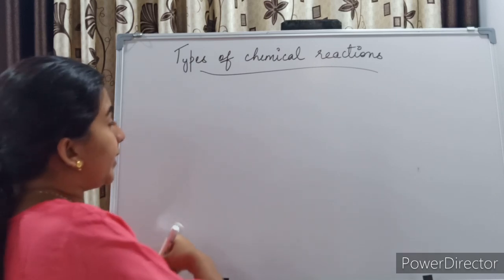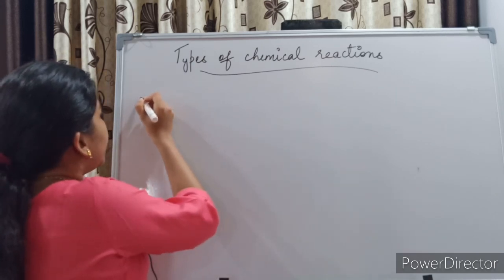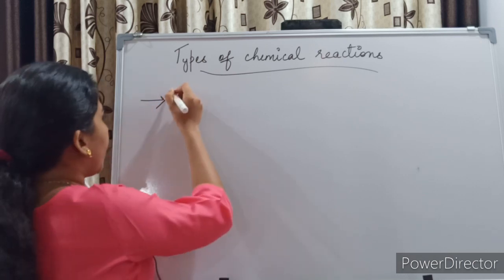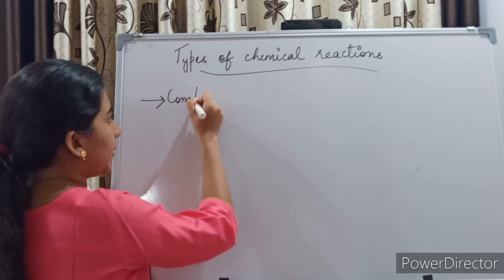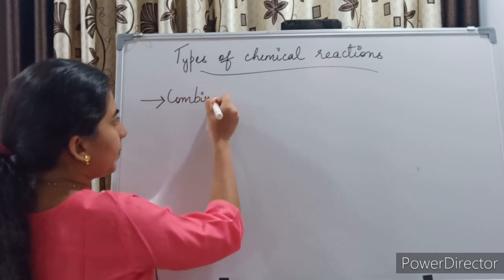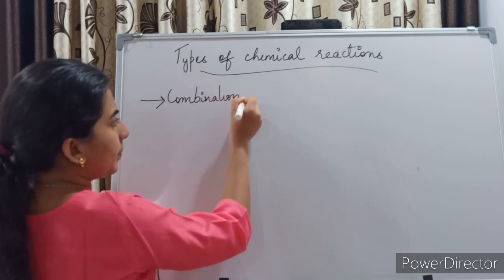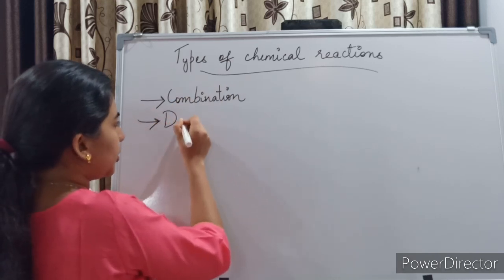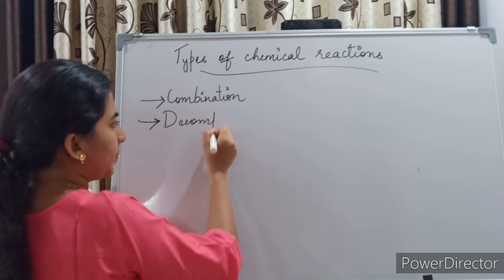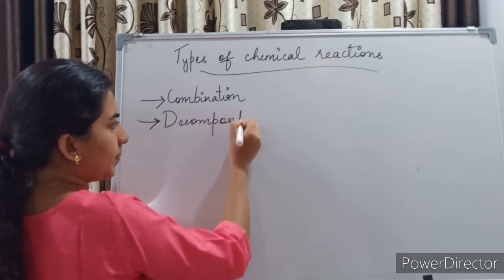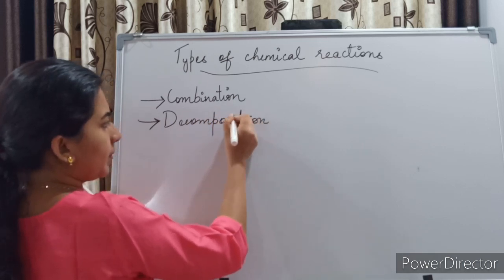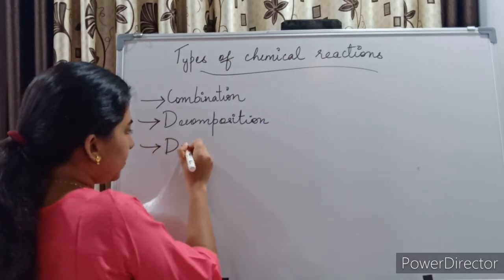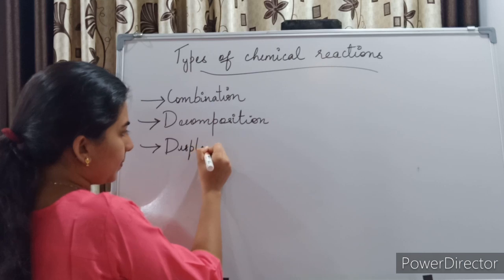Now, going to the types of chemical reactions, the first one is combination reaction. Second one is decomposition reaction. Third one is displacement reaction.